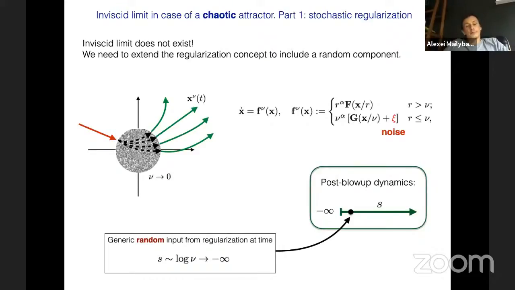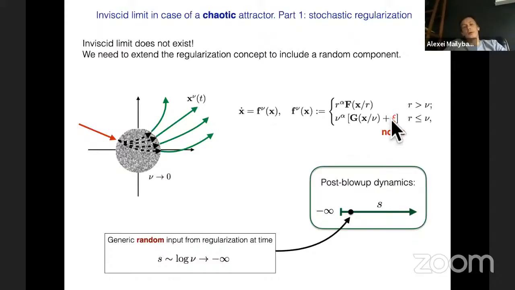And whenever the attractor is chaotic, we simply cannot use deterministic regularization anymore, because it does not give us any meaningful answer. So in order to get a meaningful answer, you should put something extra. The extra is a noise.